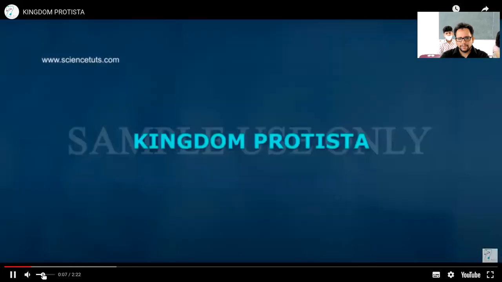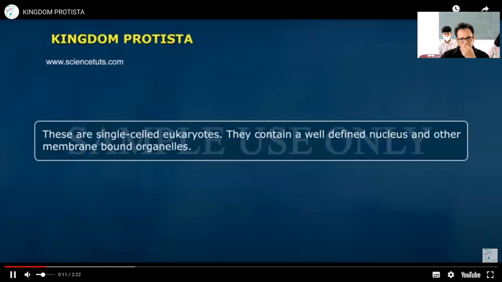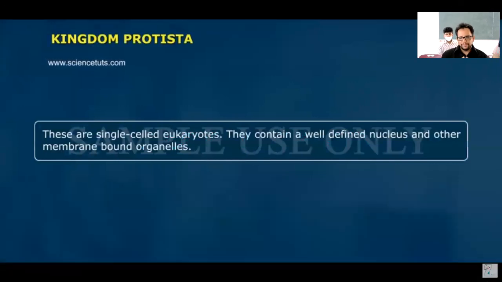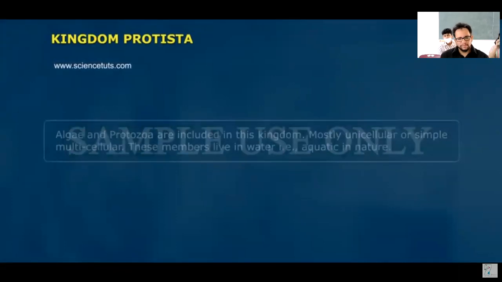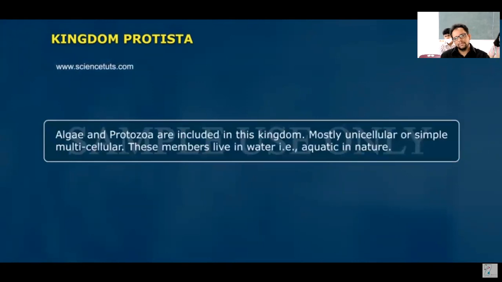Kingdom Protista. These are single-cell eukaryotes. They contain a well-defined nucleus and other membrane-bound organelles. Algae and protozoa are included in this kingdom, mostly unicellular or simple multicellular.